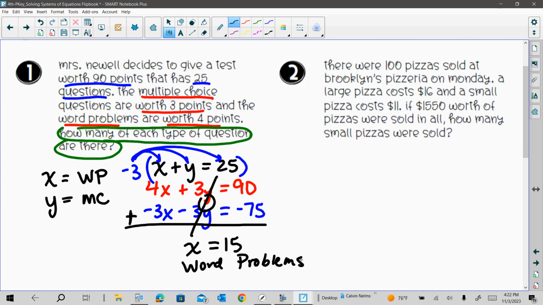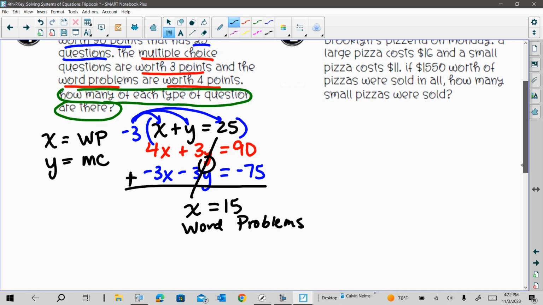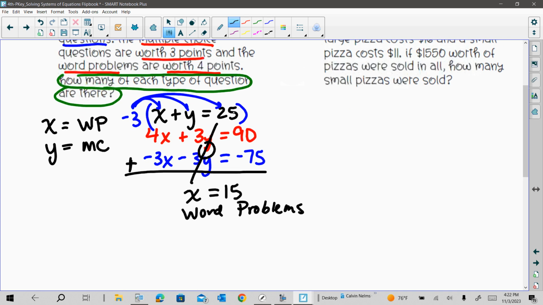So they want to know how many of each. So if I know there's 15 word problems and there was a total of 25 questions, then just mentally, my y has to be 10. 15 and 10 would give me 25. So there's 10 multiple choice.